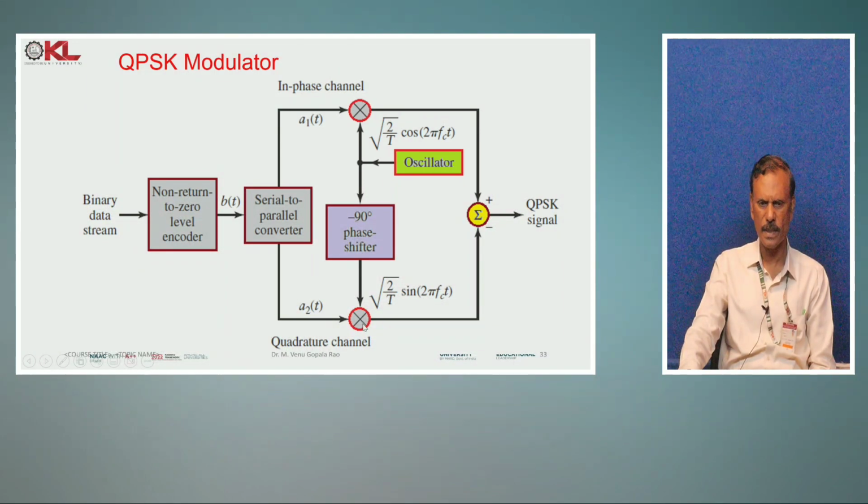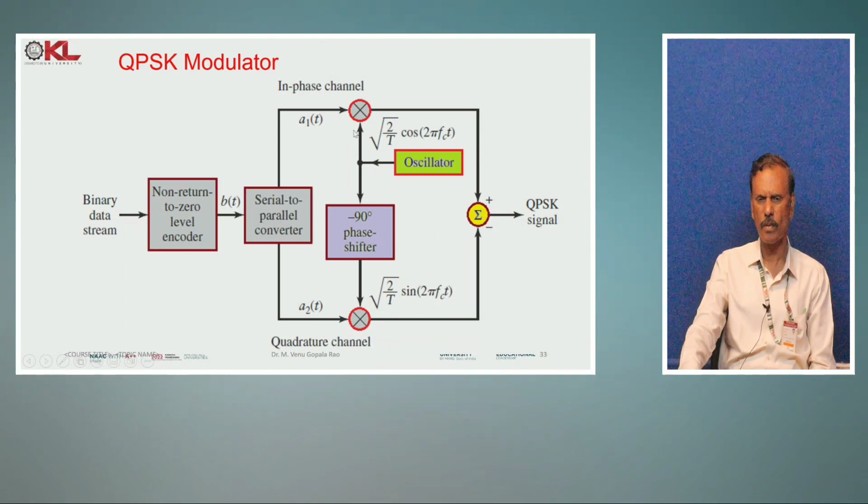It is a multiplication with the quadrature oscillators, 2 oscillators. One is root 2 by T, cos 2 pi fc t, which is the in-phase component, and sin 2 pi fc t is called the quadrature phase. The quadrature phase can be obtained by using a 90 degree phase shift of cos 2 pi fc t.